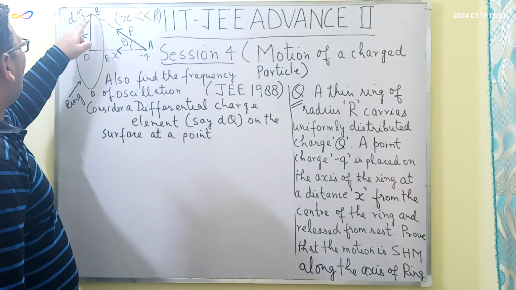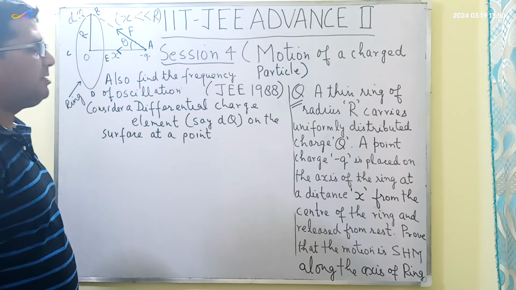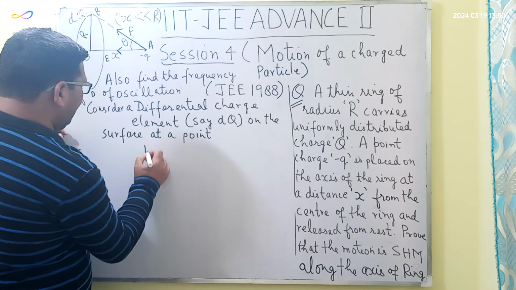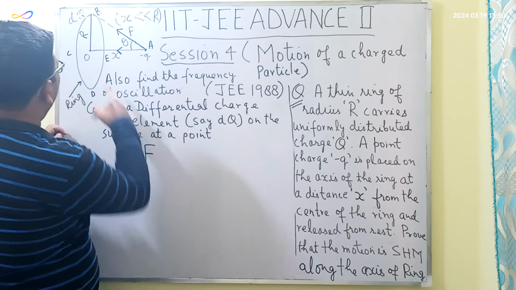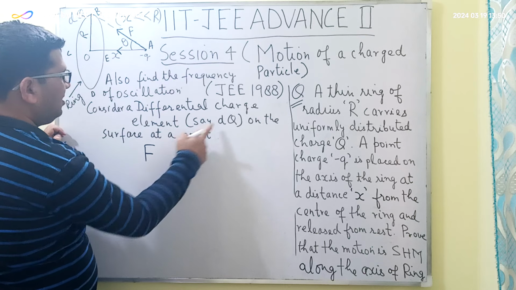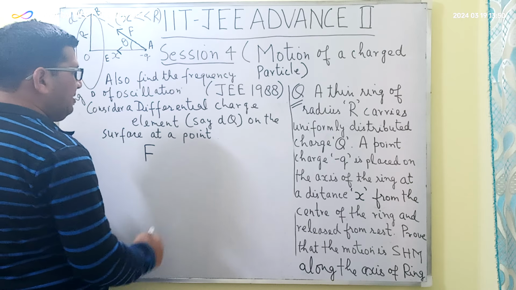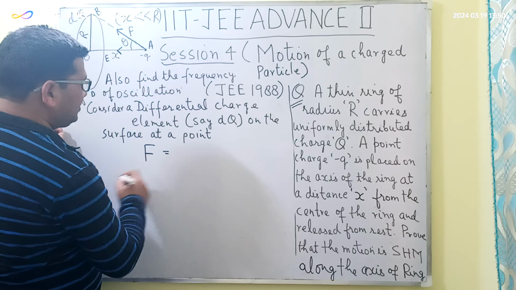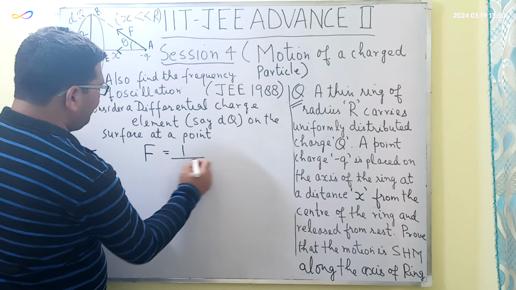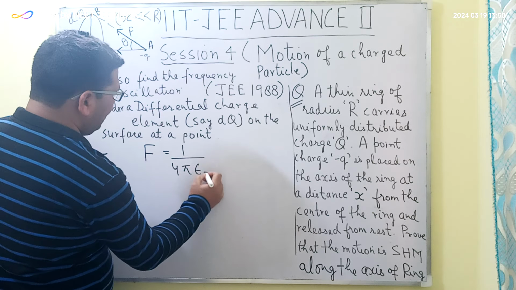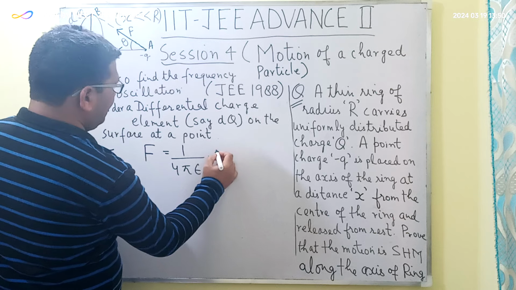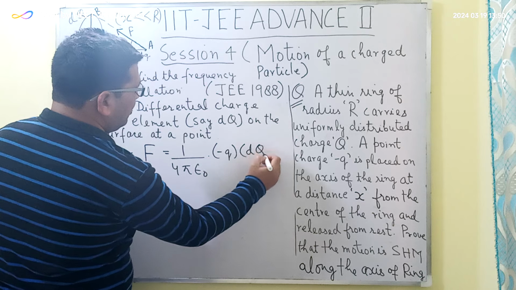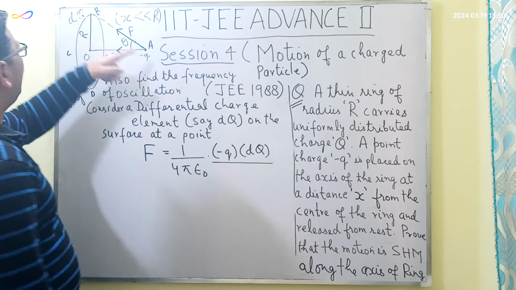Now this is a positive charge and this is a negative charge, so there will be an electrostatic force of attraction between them. Let us say the electrostatic force of attraction because of this differential charge element dq is F, and this is equal to 1 by 4 pi epsilon naught, minus q dq upon the distance between these two charges.